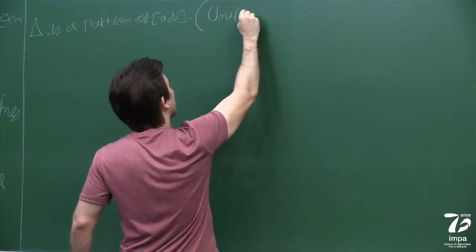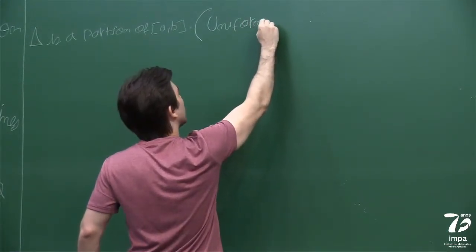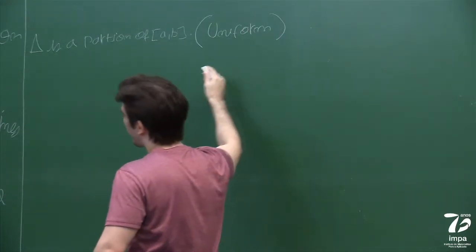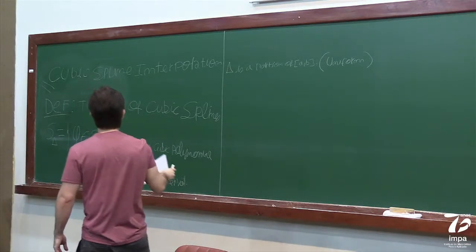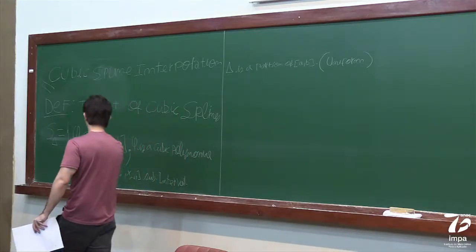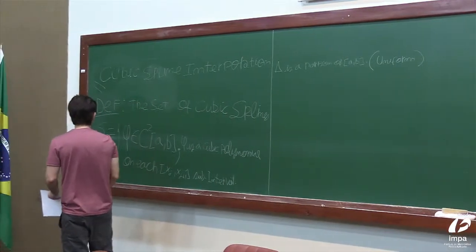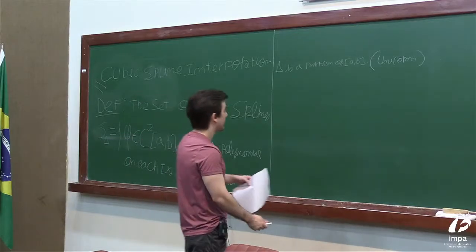Uniform. So we are dealing with a uniform mesh, all right? For the whole lecture, we'll be dealing with this delta being a uniform mesh, which is a partition of the bigger interval AB.